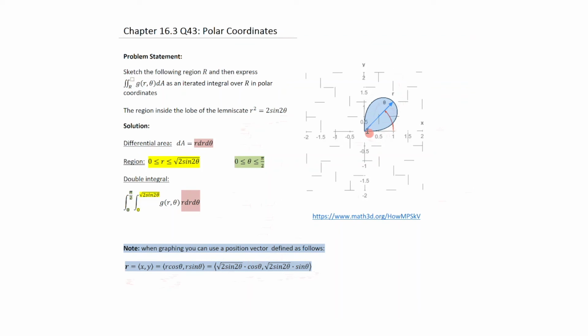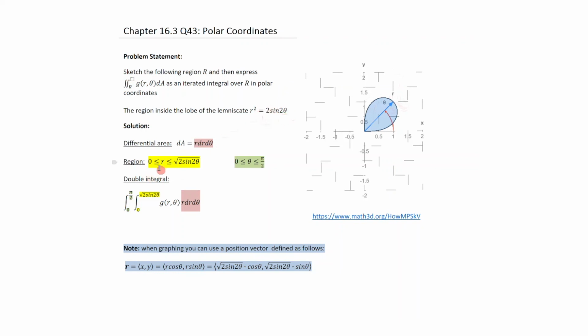So you start at theta equals 0, and you come back at the end when you get to theta equals pi over 2. So the range here would be from 0 to pi over 2 as you make one full traverse of the contour. The region R: we know what r squared is, and over the range of theta of interest, from 0 to pi over 2, sine 2 theta remains positive, which means we can take the square root.